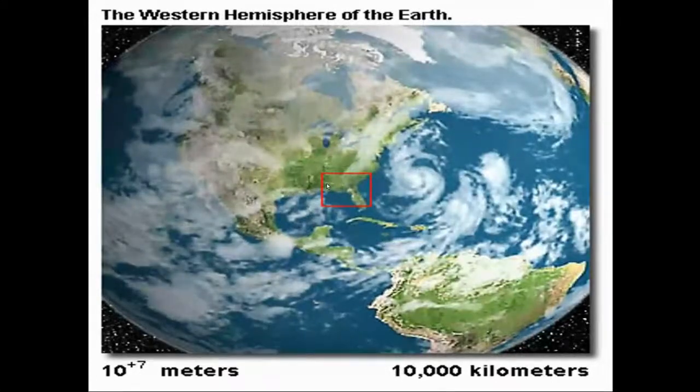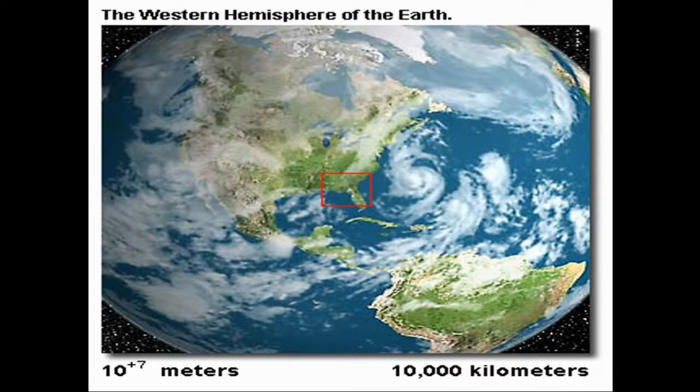Now at 10,000 kilometers, remember when we said the diameter of the Earth is 12,756 kilometers, so about 10,000 kilometers is very close to the diameter of the Earth.